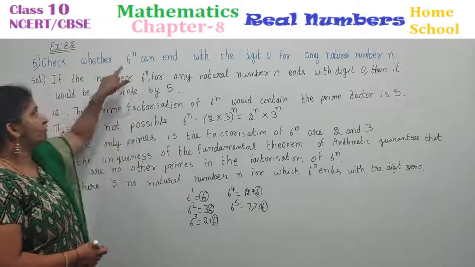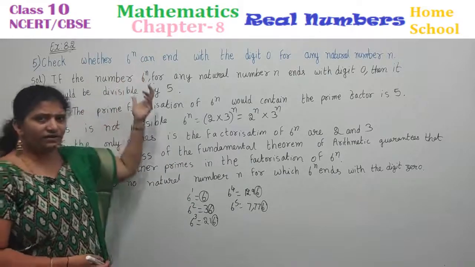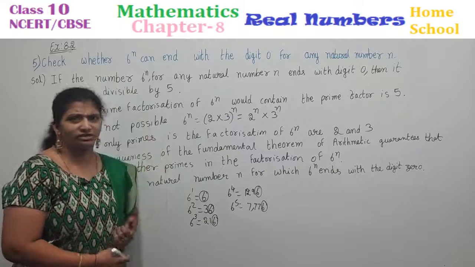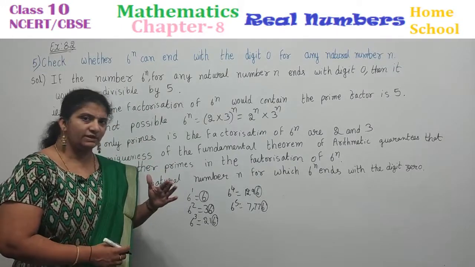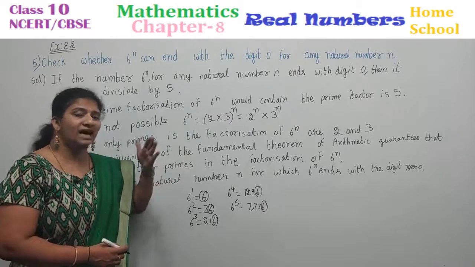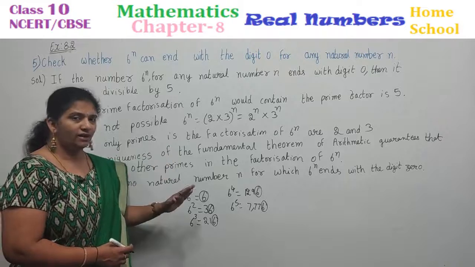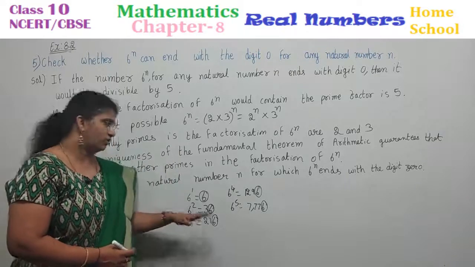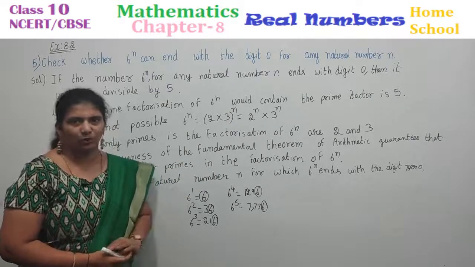They may ask you 4 power n or 8 power n, 7 power n, like this. They may change the question, but the technique is the same. If it is divisible by 5 and has a prime factor 5, then it is a number which ends with 0.